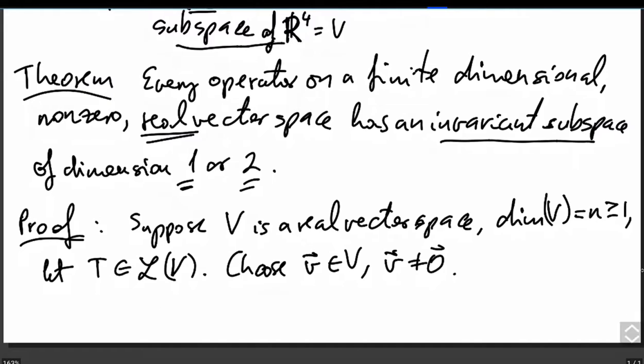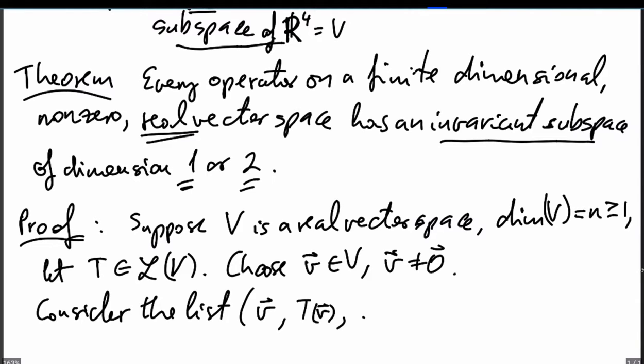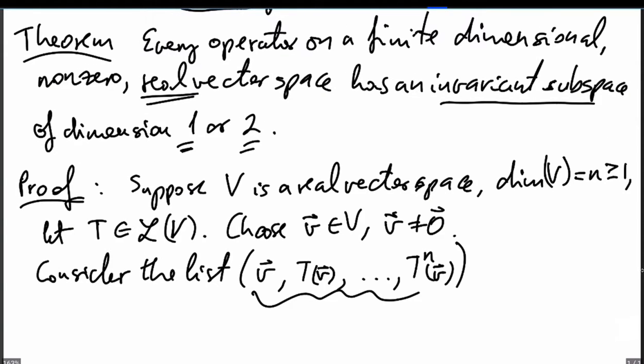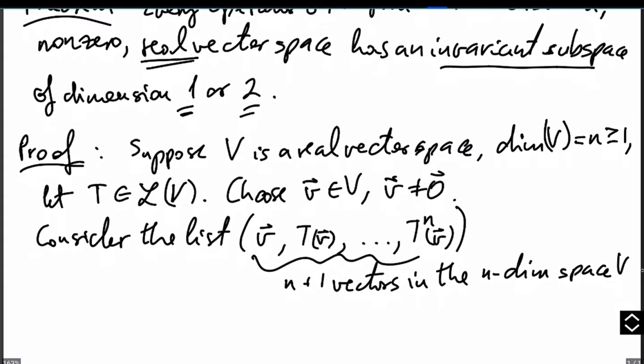Then similarly, as we did in the previous section, we consider the list starting with v, then Tv, and so on, larger and larger powers of T, up to T^n v. So this list has n+1 vectors in the n-dimensional space V. And we know from before that this must be linearly dependent.